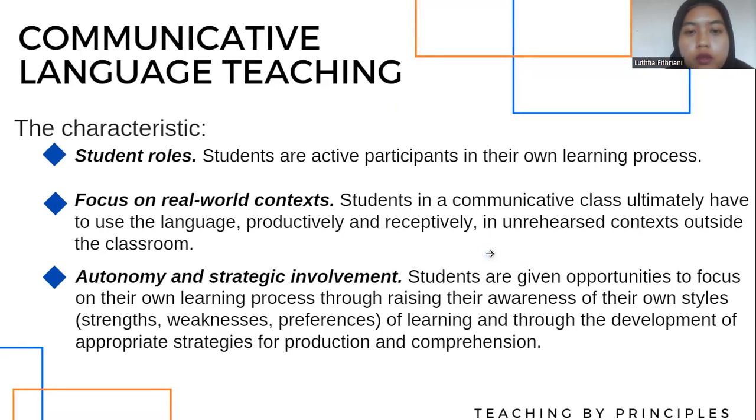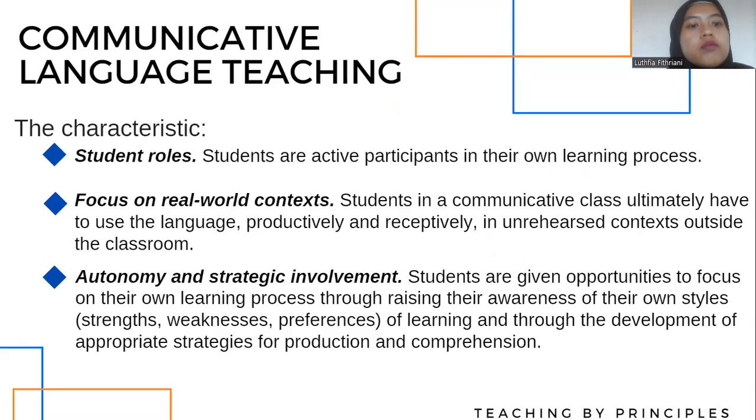Fifth, student roles. Students are active participants in their own learning process. The sixth, focus on real-world contexts. Students in a communicative class ultimately have to use the language productively and receptively in unrehearsed contexts outside the classroom.